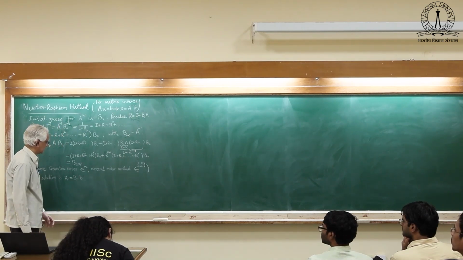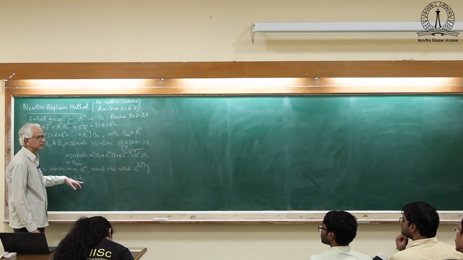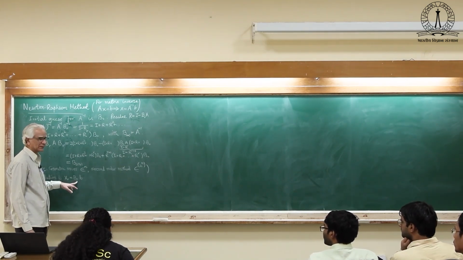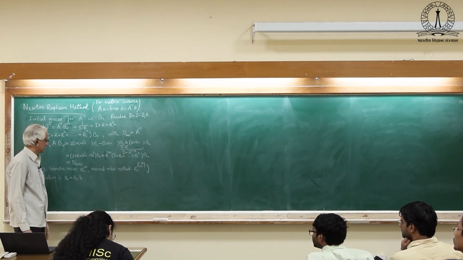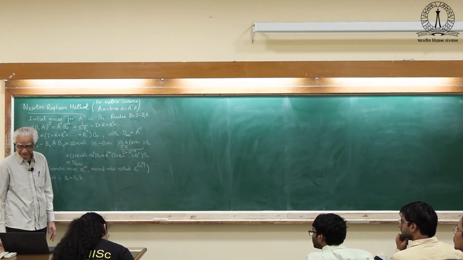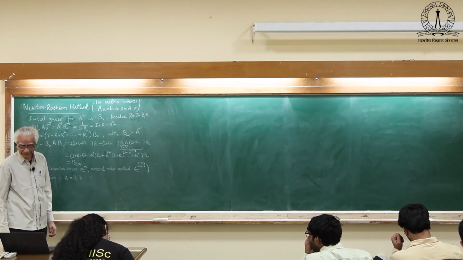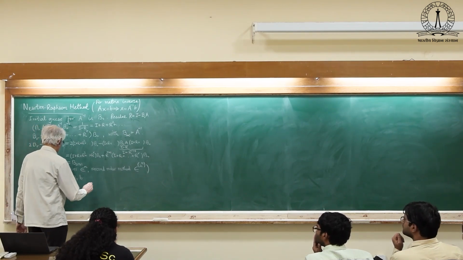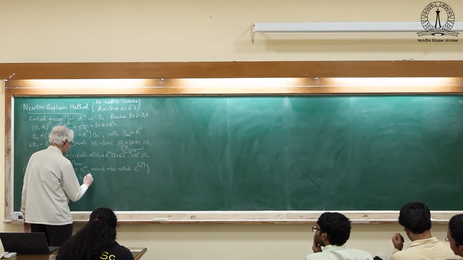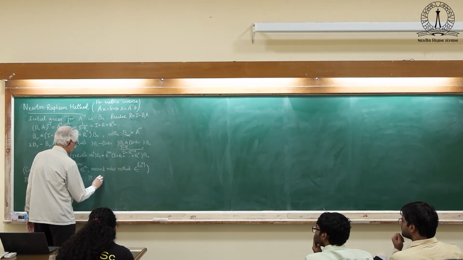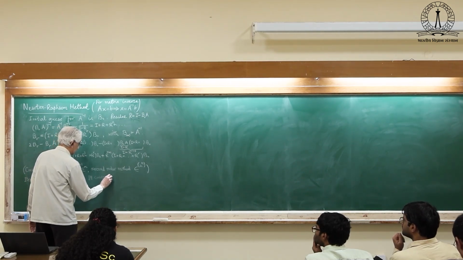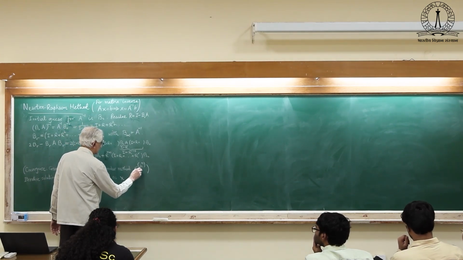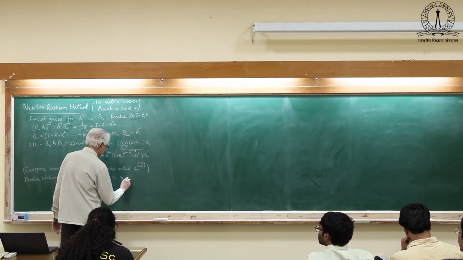The question is, how does this converge? Its convergence is not the same as the convergence of B. We'll quickly see that, and you actually lose the advantage which came over here.